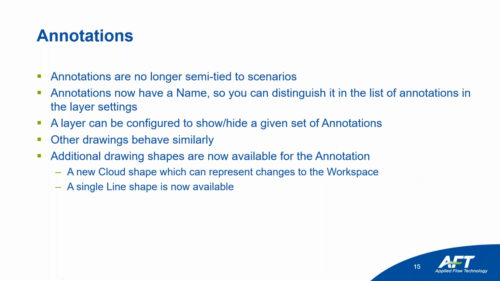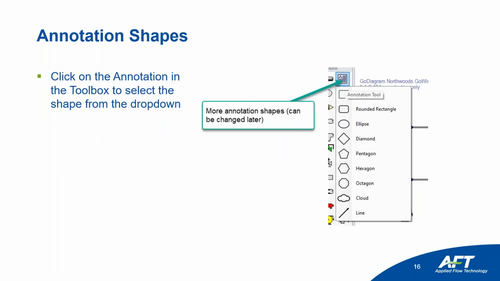Also, a single line shape is now available. To create an annotation, you click on the annotation in the toolbox, the same as you always did, and you select from the drop-down menu the type of shape you want to use.